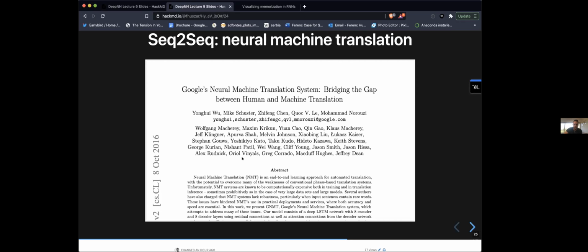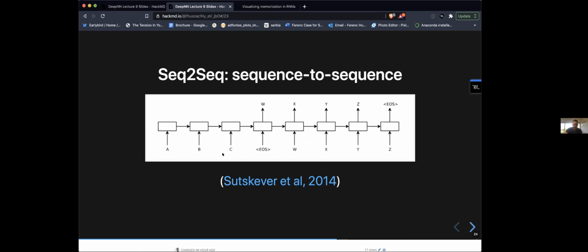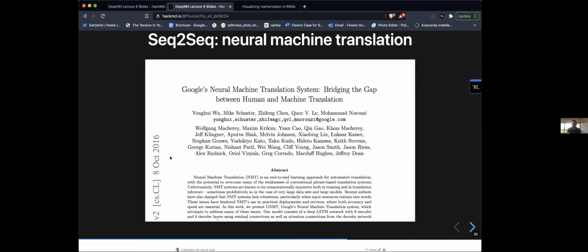So notice that this is a paper from 2016, and the sequence-to-sequence paper, which was the original application to translating text, was from 2014. So in the span of just 2 years, this idea went from the first paper to a full production-ready machine translation system that replaced whatever Google was using previously.